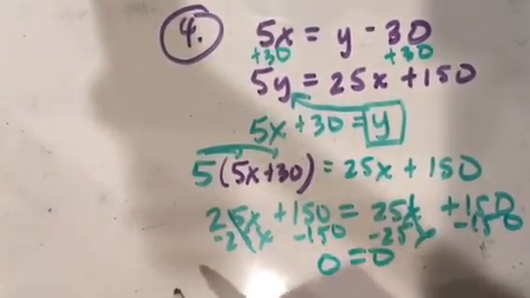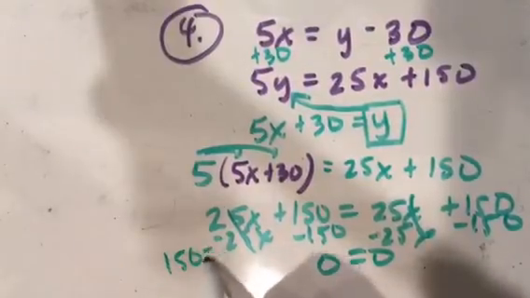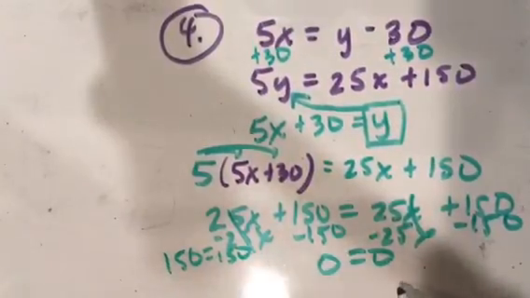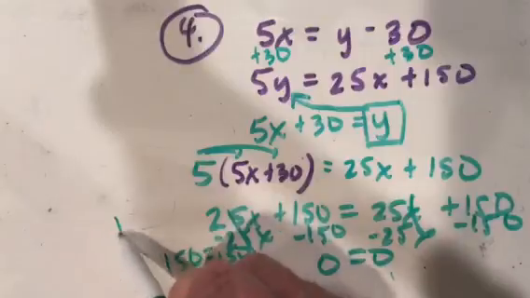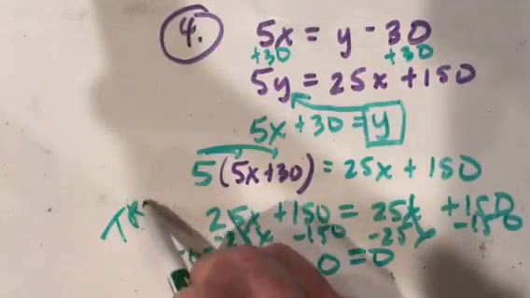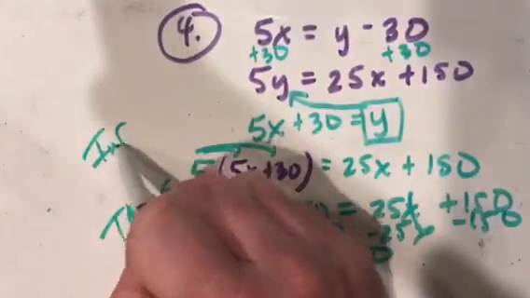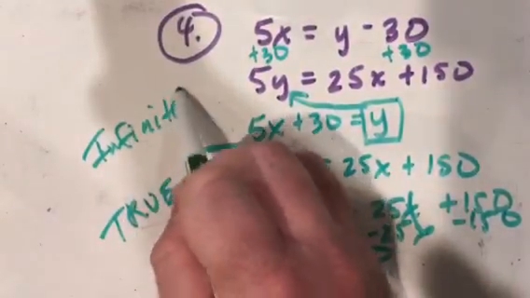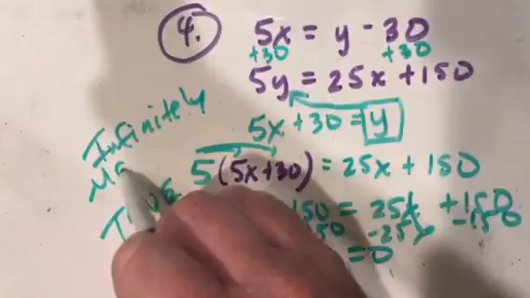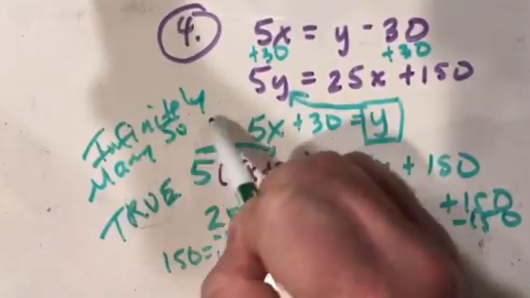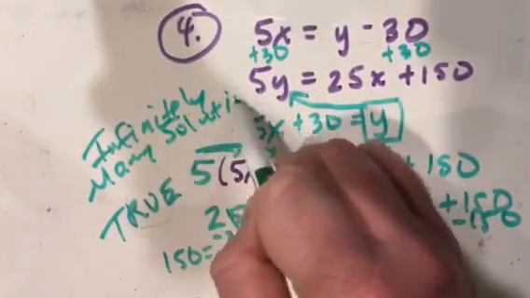So whether you stopped when it said 150 equals 150 or 0 equals 0, you figured out that you've got a true statement. We're back to infinitely many solutions.